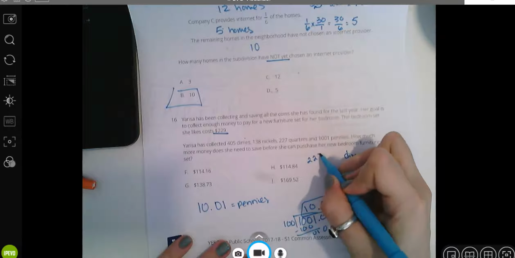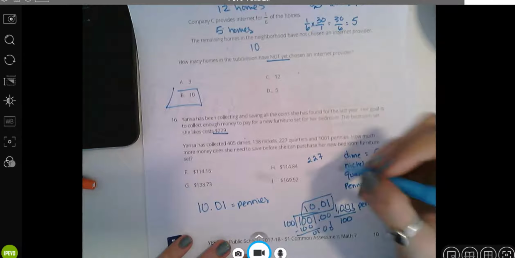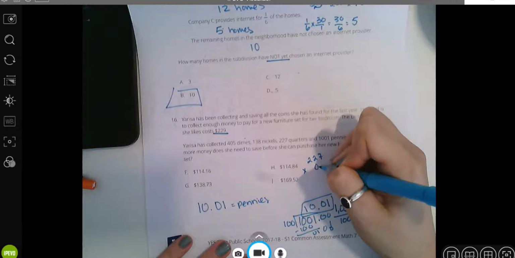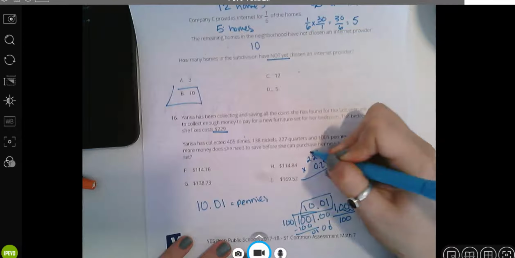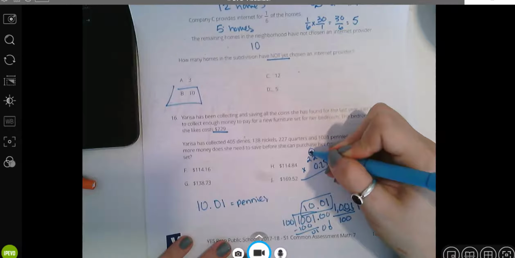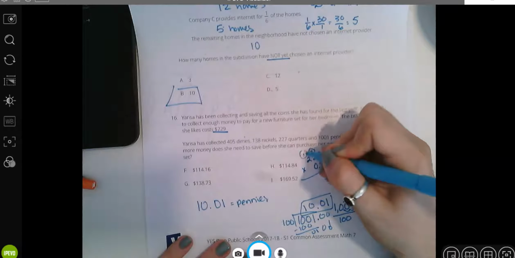How about in quarters? Okay, let's see. 227 quarters. We could also do it this way. Times 25 cents is going to be what? Oh, all right. 5 times 7 is 35. 10 plus 3 is 13. 10 plus 1 is 11.